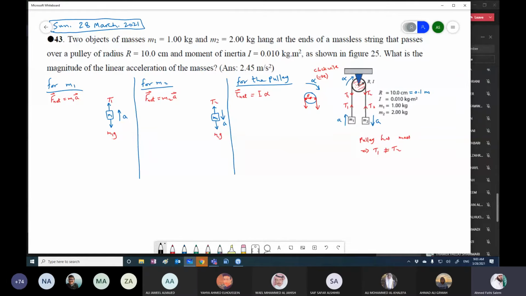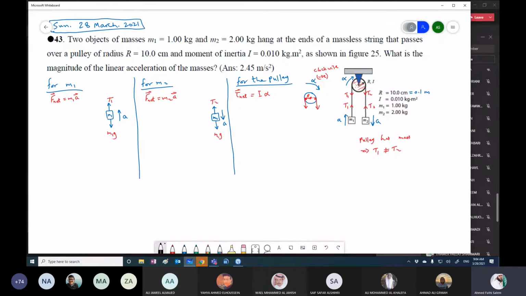But notice something here. If the pulley has a mass and has rotational inertia, the tension on both sides will not be the same. So the tension to the left is not the same as the tension to the right. So we have to separate these two tensions, and each one will have a different label. So this is T1, that is T2.